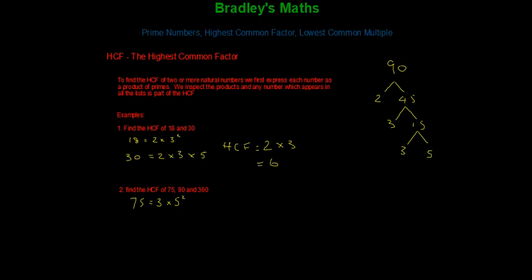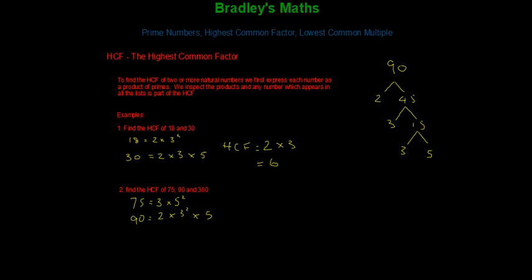And now we have, once again, a prime number at the end of each branch. So 90 equals 2 times 3 squared times 5. 90, not 9, 90.